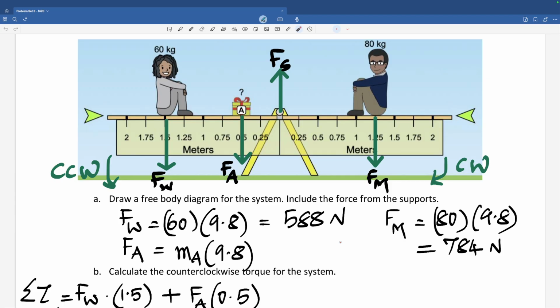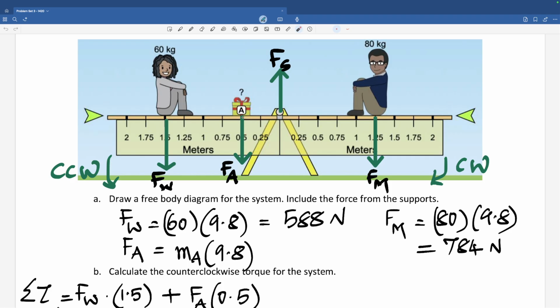So B says calculate the counterclockwise torque. There are two counterclockwise torques. One is because of the weight of the lady. So how do you calculate that? You multiply the weight with 1.5. Why 1.5? Because that's the distance. Remember, torque is force multiplied by distance.